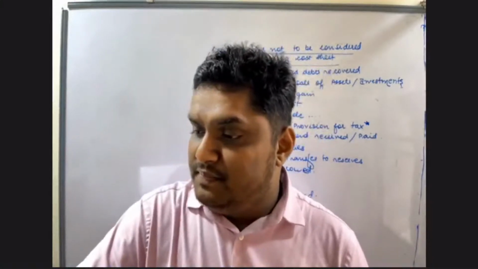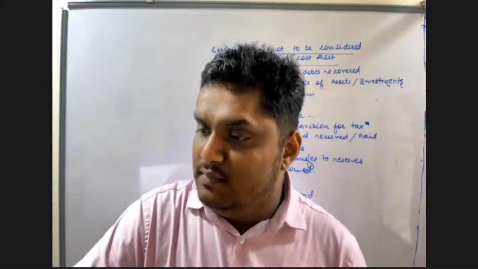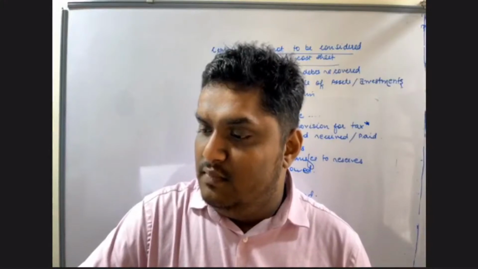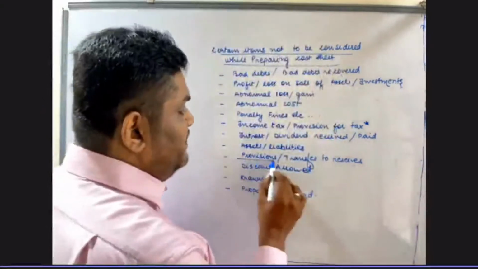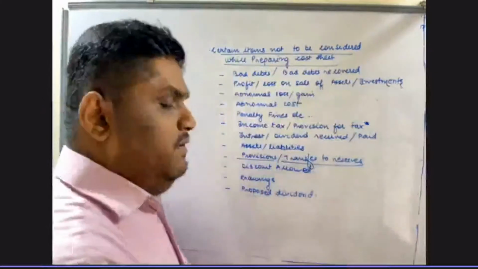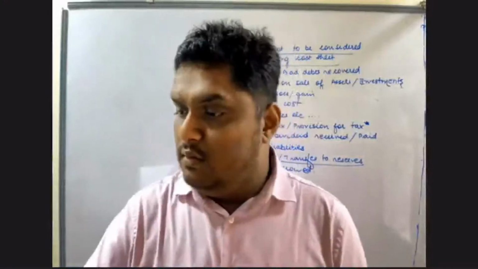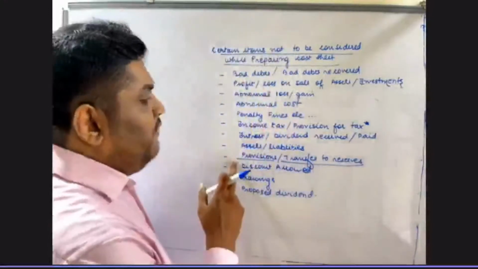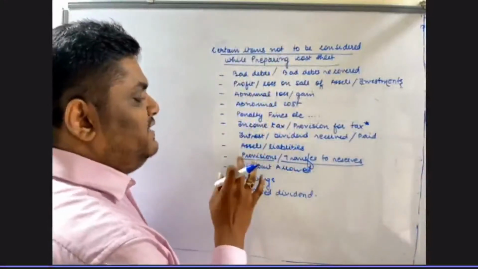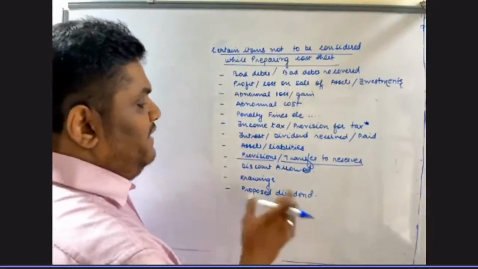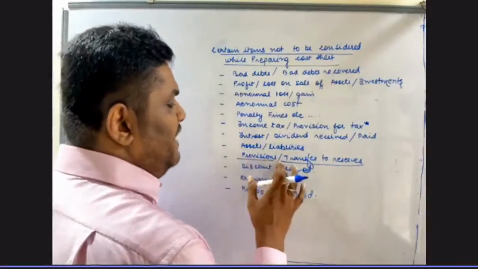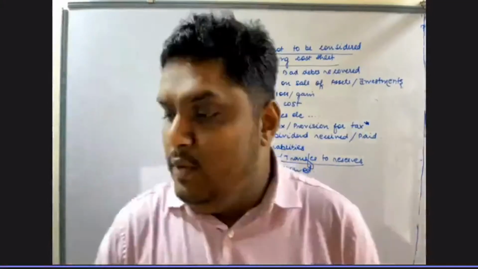Any other suggestions, guys? This is provisions and transfer to reserves. Any sort of provision, whether it is provision for tax, provision for discount on debtors, or provision for whatever it is not to be ignored. Transfer to reserves by whatever name called.